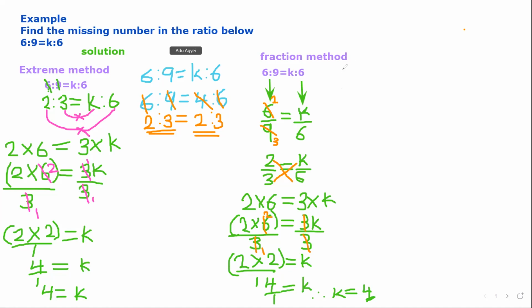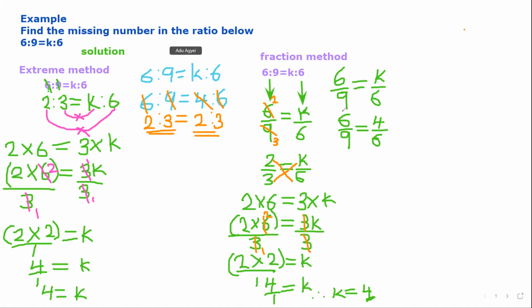Now, per the question given here, when you have this 6 over 9 is equal to k over 6. This time you have found the k, so it will be 6 over 9 here equal to 4 over 6. Then you try to reduce the fractions to its simplest form and check.